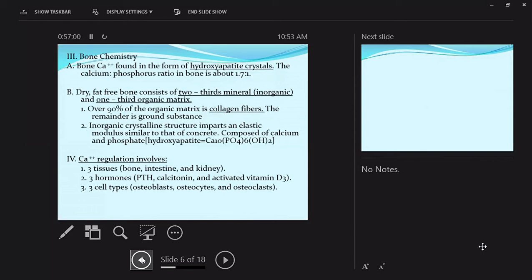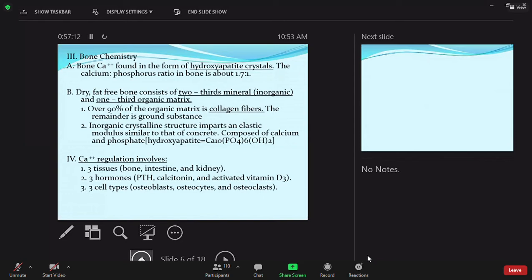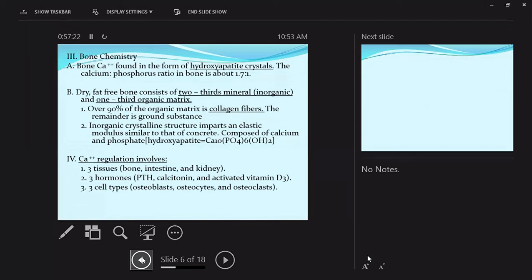In bone, calcium is found in the form of hydroxyapatite crystals. The calcium phosphorus ratio in bone is about 1.7 calcium to 1 phosphorus. So in bone, the collagen forms the foundation of the bone. And here comes calcium.